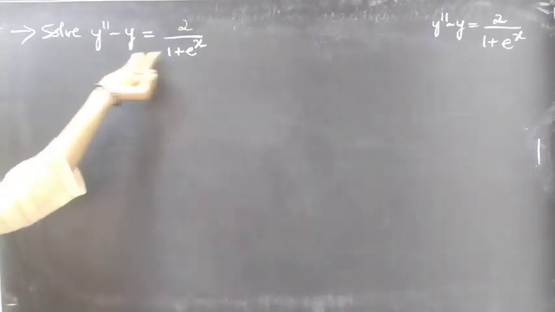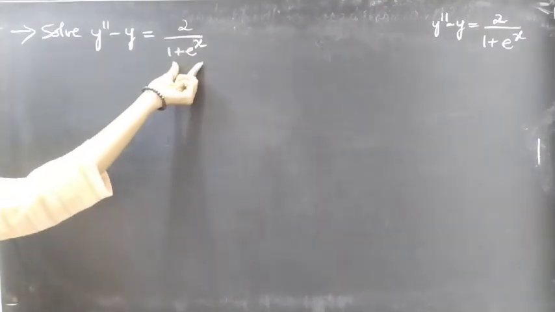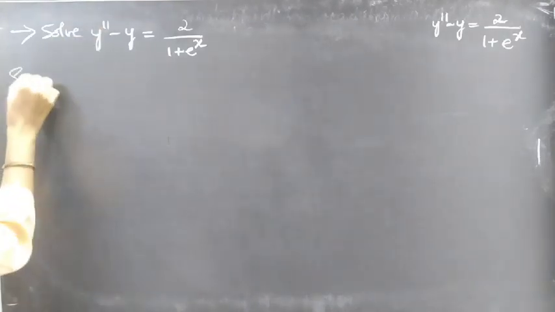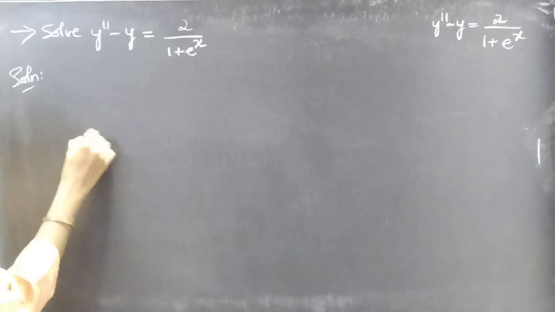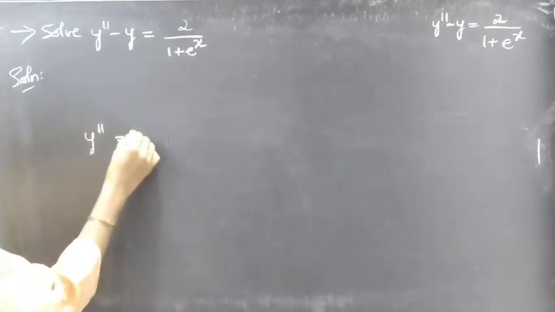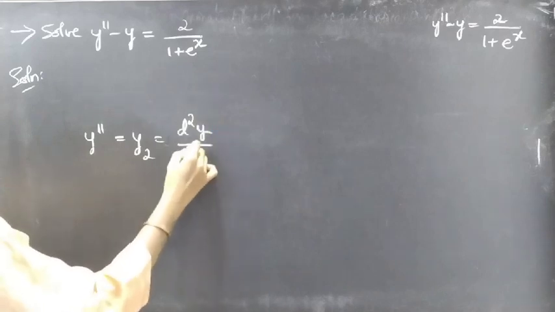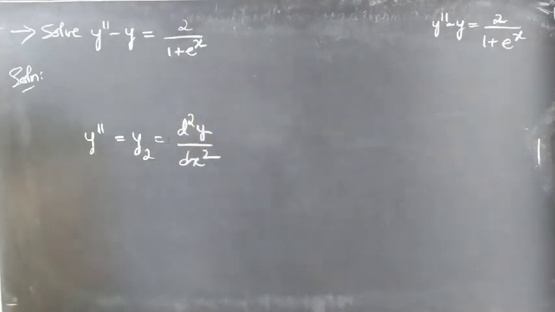Solve y double dash minus y equal to 2 by 1 plus e power x. Here we are given a differential equation of order 2. Here y double dash, or y2, is nothing but the double derivative of y with respect to x.